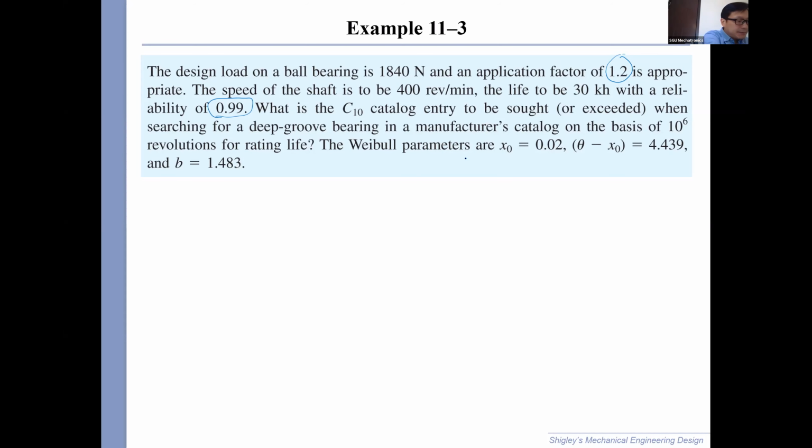Okay, let's do this. First, we need to convert the LD, the desired life, into revolutions. So we have 400 revolutions per minute, 30,000 hours, 60 minutes in 1 hour. I like to do it this way: if you convert minutes to hours, you put 1 hour on top over 60 minutes, right?